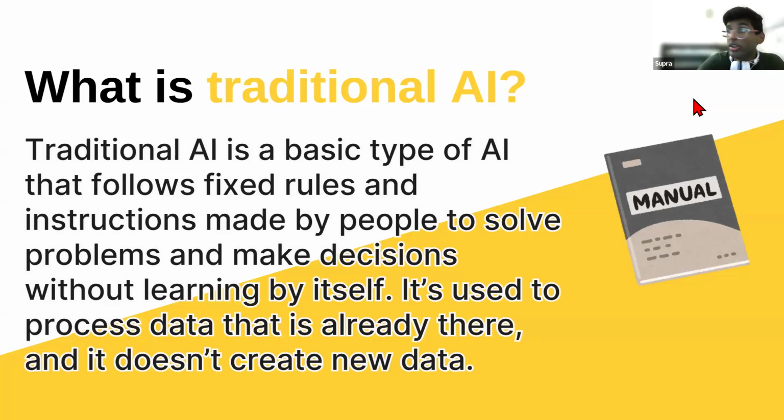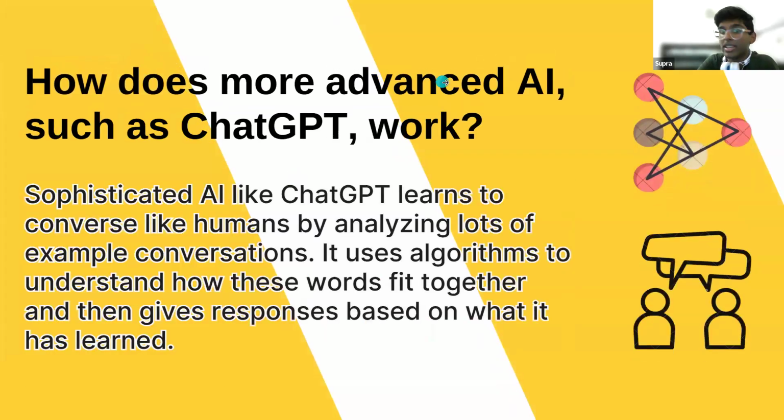Okay, so we're going to do one more slide and then end the class for today. But how does more advanced AI, so sophisticated AI such as ChatGPT, work? Sophisticated AI like ChatGPT learns to talk like humans by studying lots of examples of conversations.